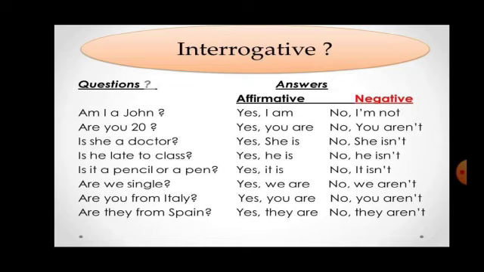Is it a pencil or a pen? Yes, it is. No, it is not. Are we single? Yes, we are. No, we aren't. So these are the short answers of the interrogative sentence when we use an auxiliary at the first place. We get the answer in yes or no.